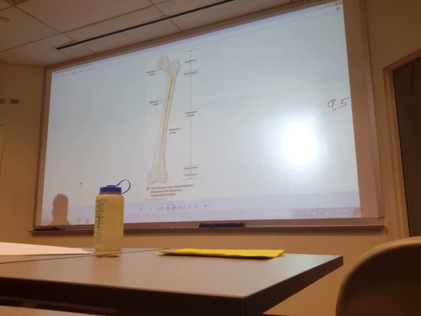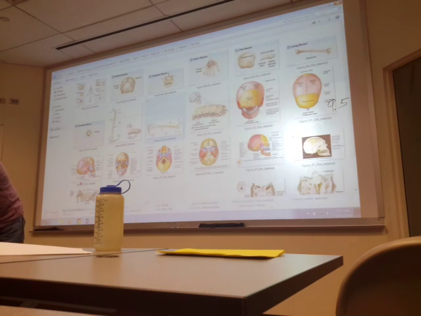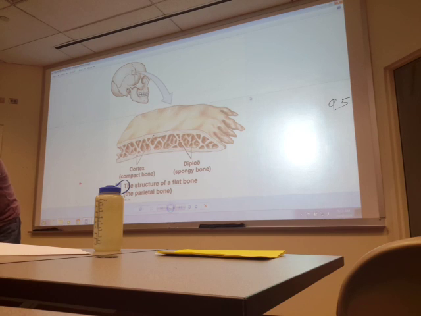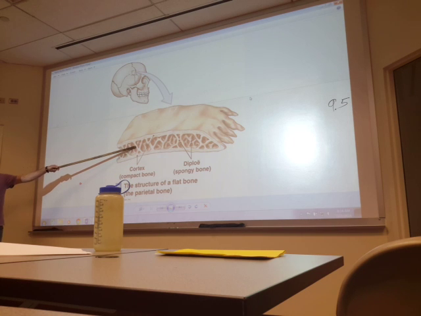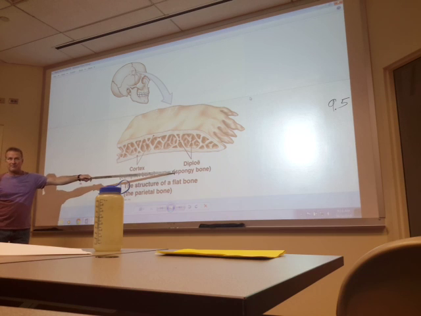All right. Flat bones are the other type of bone that we look at in a little bit of detail, and they're pretty straightforward after having looked at the long bone. So a flat bone looks like a sandwich. The bread of the sandwich is compact bone, and the filling of the sandwich, the peanut butter or the ham, whatever you've got in there, is spongy bone.